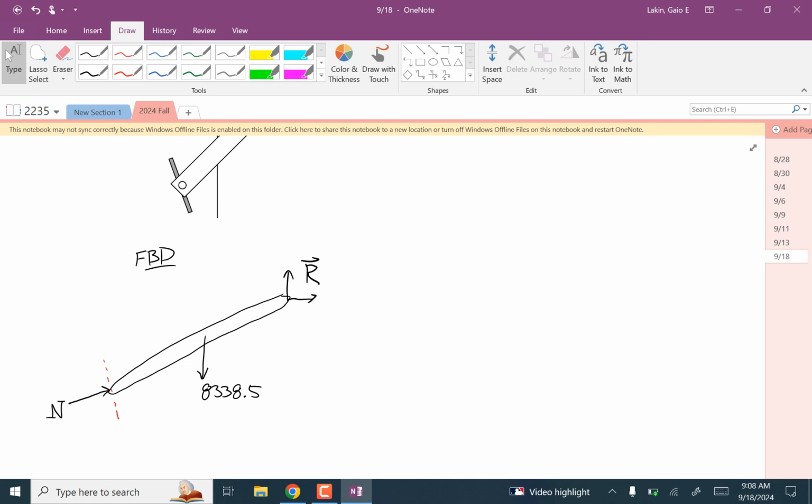You use intuition a lot of times to sanity check your answers. Like, does this make sense? For me, if I'm doing problems with a whole bunch of bodies connected together, I don't really try to have much intuition about what's going on.